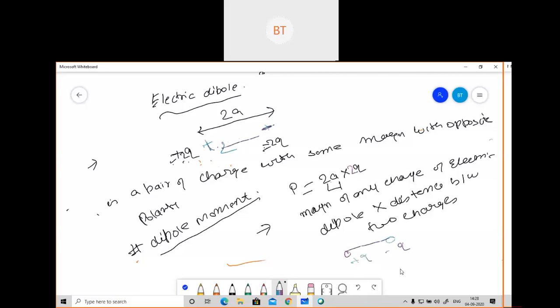Here I will write p equal to 2a into q, and the direction will be this side. Is this clear to you, what you understand by the term electric dipole and dipole moment? Is it clear?